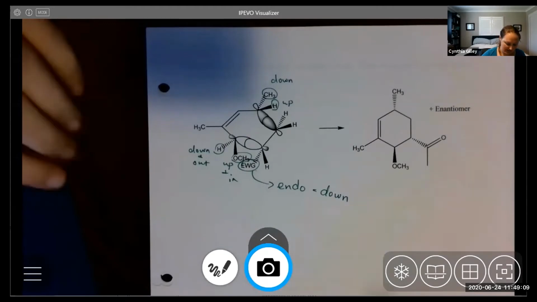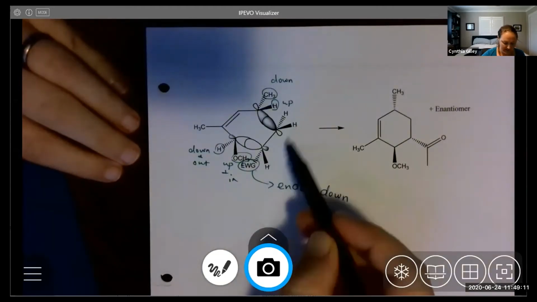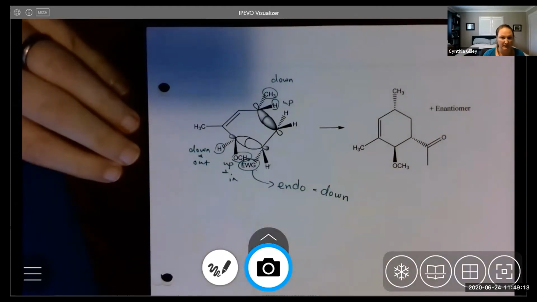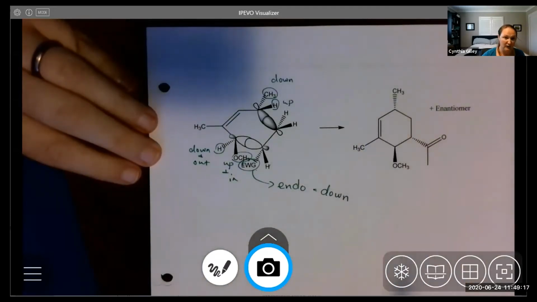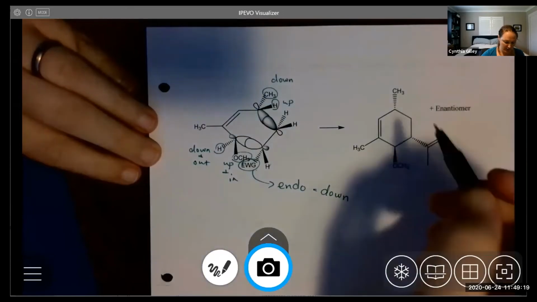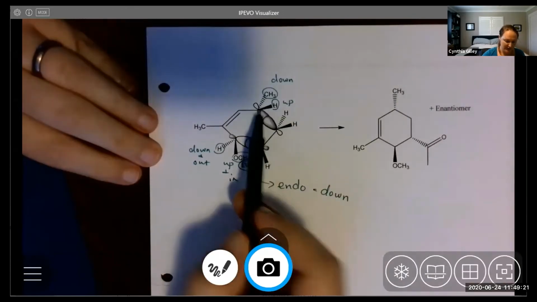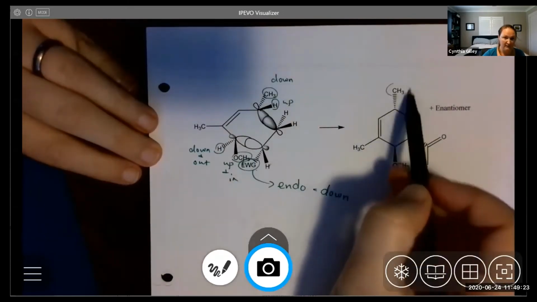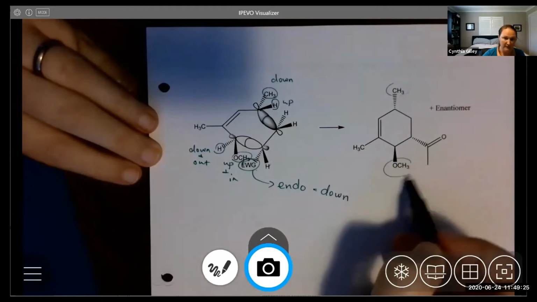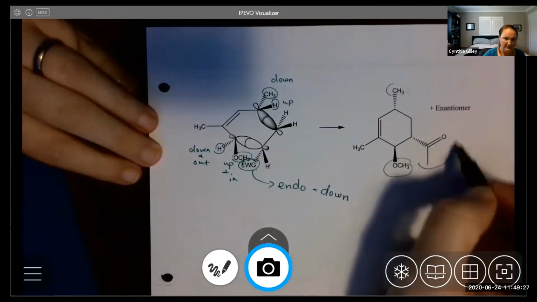And anything that was out, exo, will end up up. So how does that simplify over here? We don't need to draw in the hydrogen here. We just draw in the methyl down, the methoxy group up, and the electron withdrawing group down.